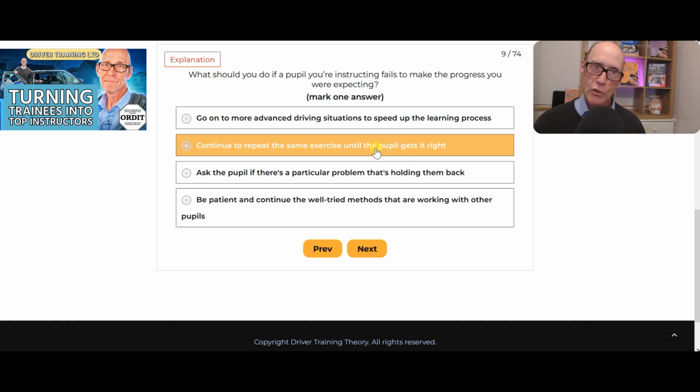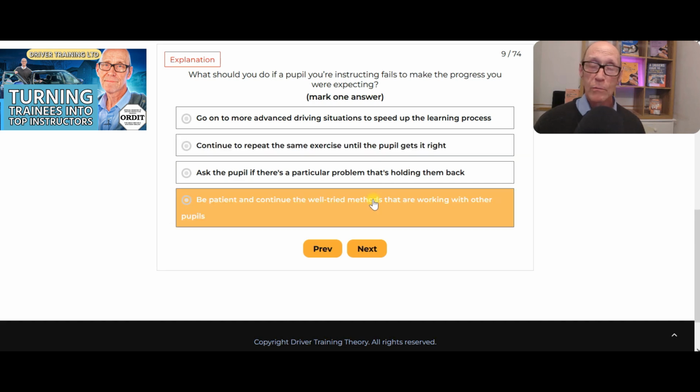Again, if someone's struggling with something, unless you know what the cause is, they're just going to keep struggling. Should we just be patient, which seems good, and continue the well-tried methods that are working with other pupils? Well, again, if you're using them and they're not working, there's obviously something wrong somewhere.